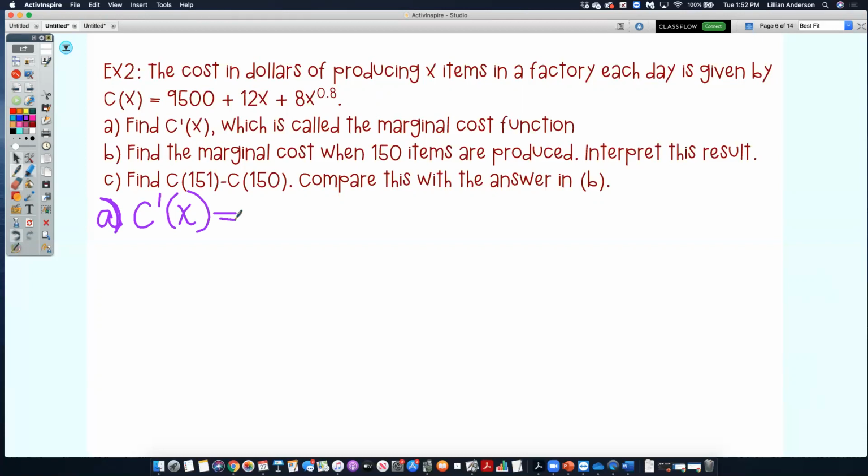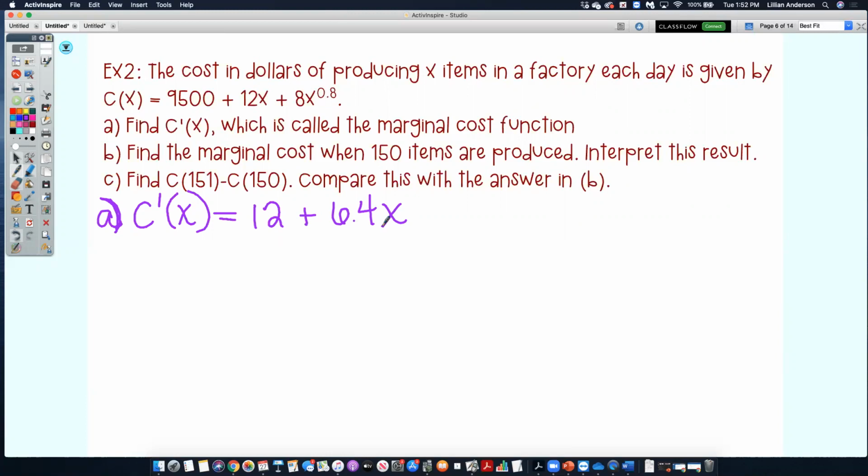12 plus 6.4x, okay? Would it be a negative?